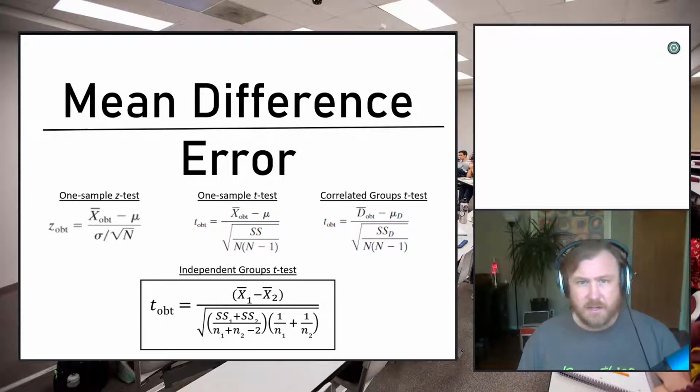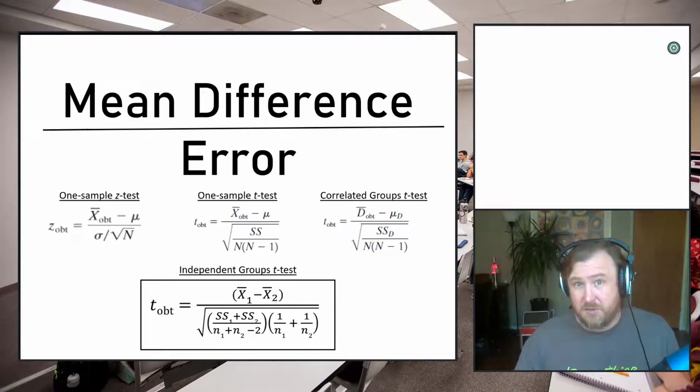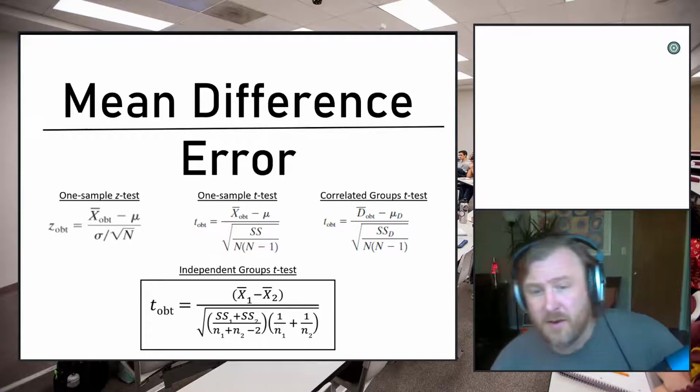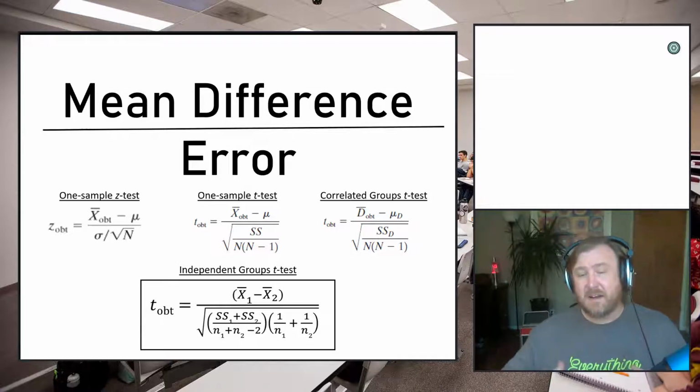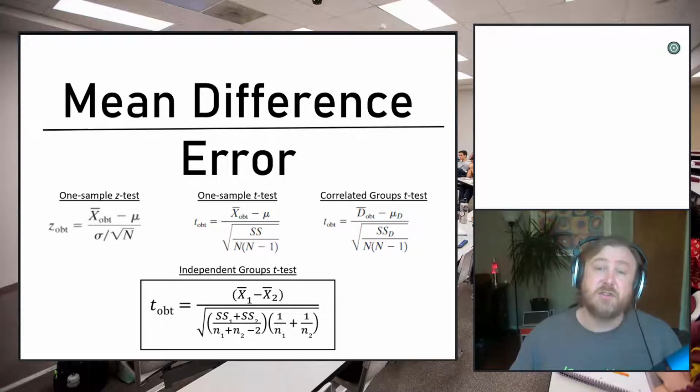All we're doing is looking at a mean difference in units of some type of error metric. And that error metric helps us protect against claiming there's going to be a difference whenever the magnitude of the effect is not likely to hold in the population or is likely due to chance.